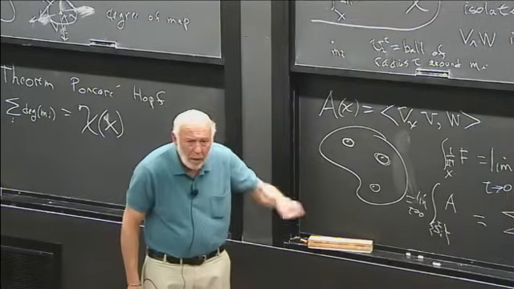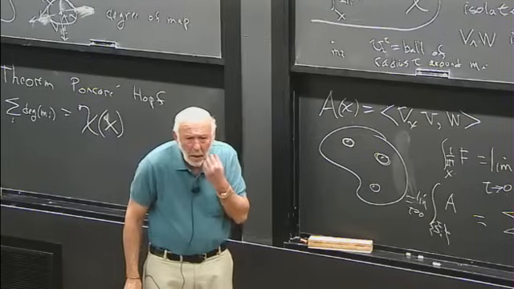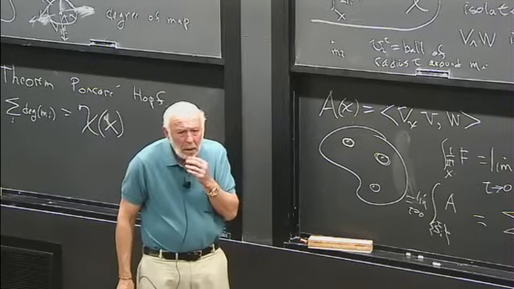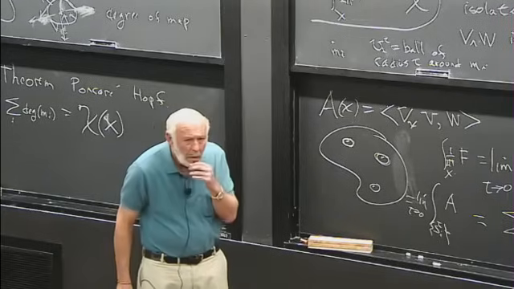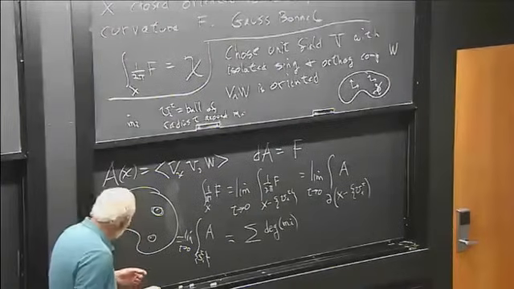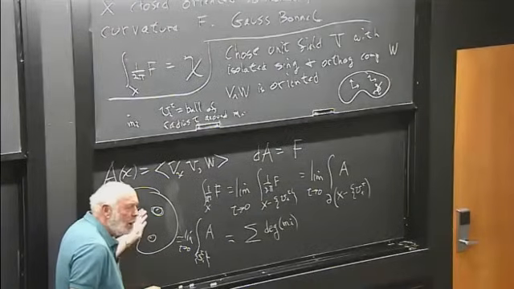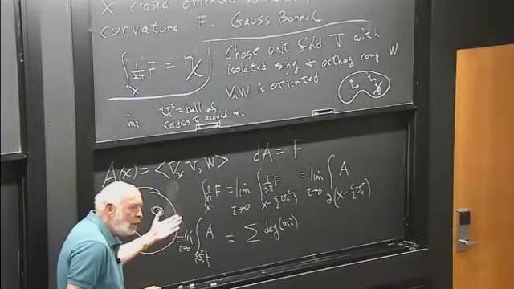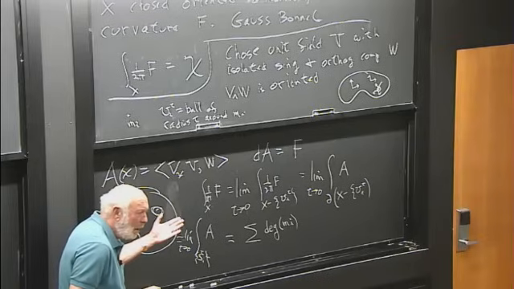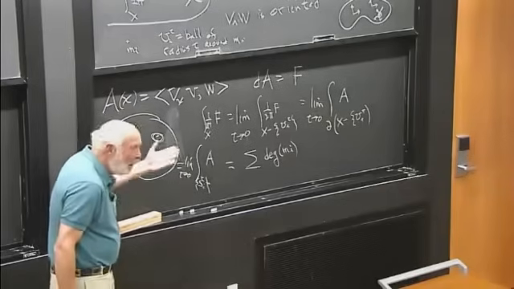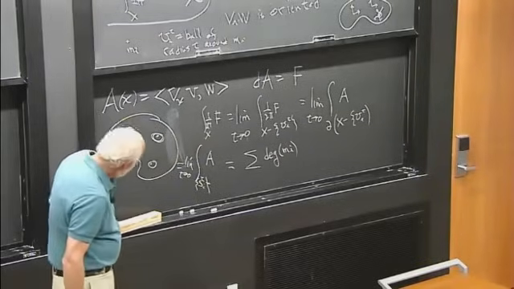Yes? With the proof that you outlined, is it clear that f does not blow up so fast as you go to the singularity? It doesn't blow up at all. F is just the curvature. F has nothing to do with the vector field at all.